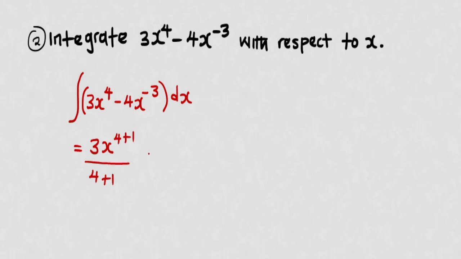Then minus 4x to the power negative 3 plus 1, over the same negative 3 plus 1. So that is what we have basically. Then we add a constant, so we're going to say plus c.